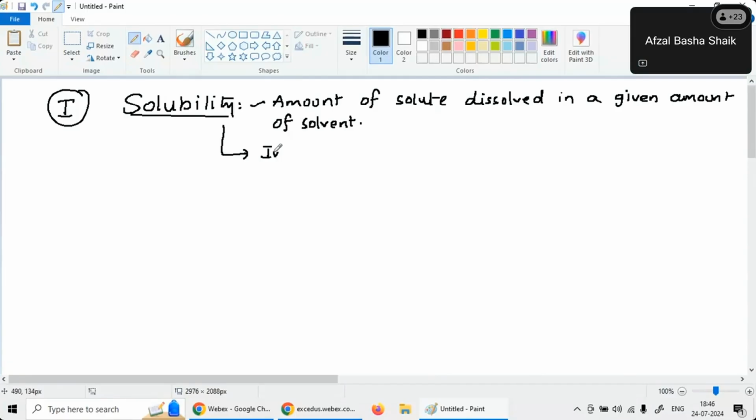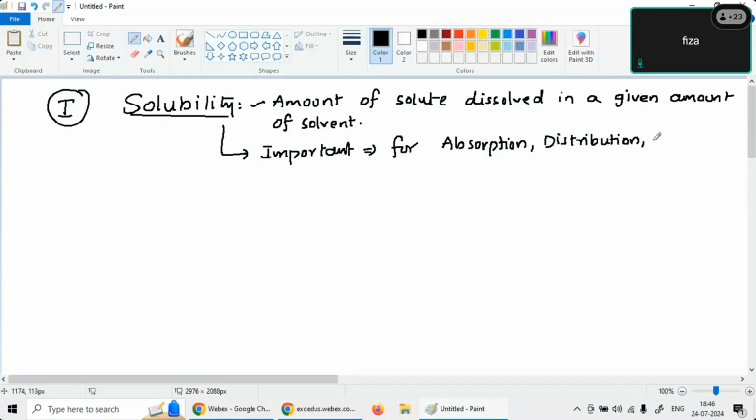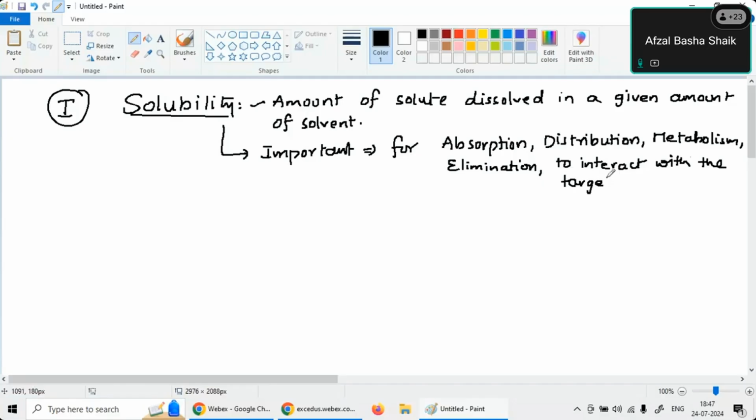So solubility is important for absorption, important for distribution, as well as it is also important for metabolism, elimination, as well as to interact with the target receptor.